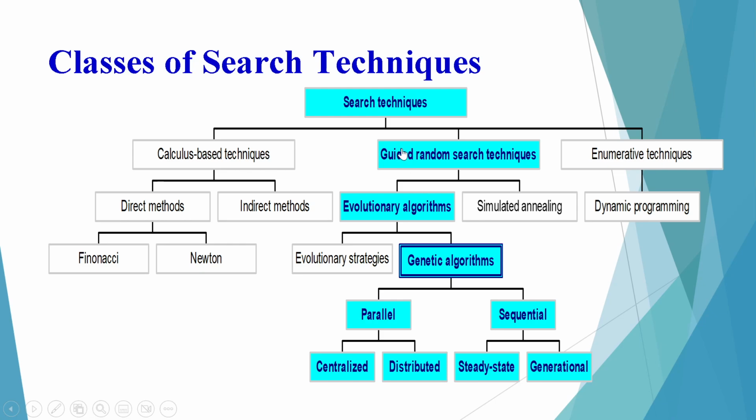GA is under the guided random search technique, so it belongs to the evolutionary algorithms. It can be implemented using parallel computing or sequential computing until you get a steady state solution.